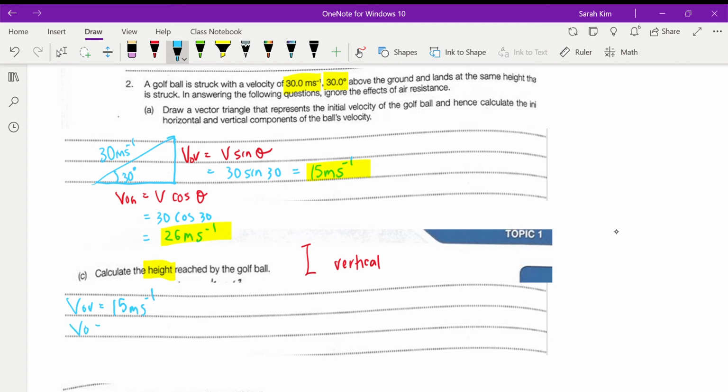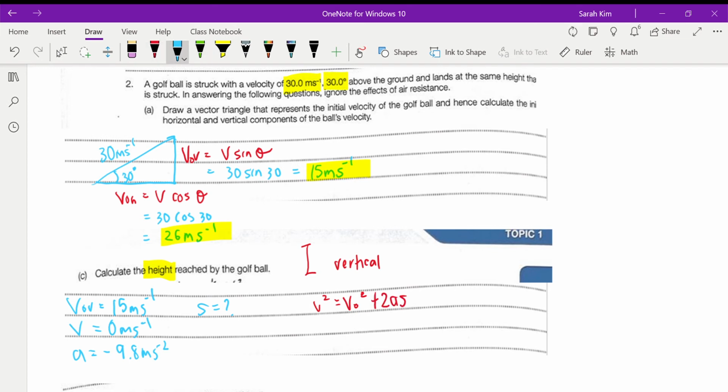Obviously my final velocity should be 0 at the maximum height. My A should be gravity. What else do I know? I don't know time. S is what I'm trying to find. Now T is missing, so I use an equation that doesn't have a T, which is V squared equals V naught squared plus 2AS.